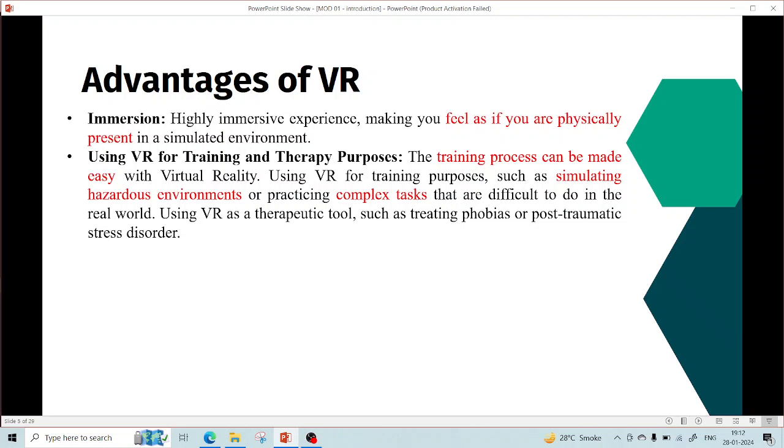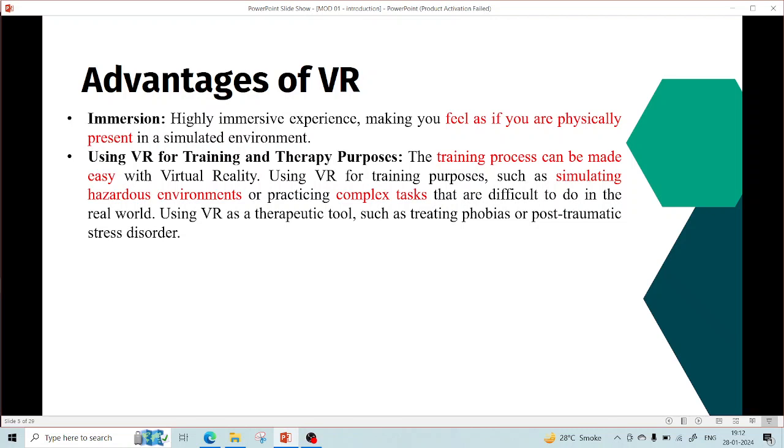Similarly, if you want to check the reactions of F1 drivers, the reaction time of your driver, you can create such situations virtually, where you can track a person's ability to react or to handle tasks.